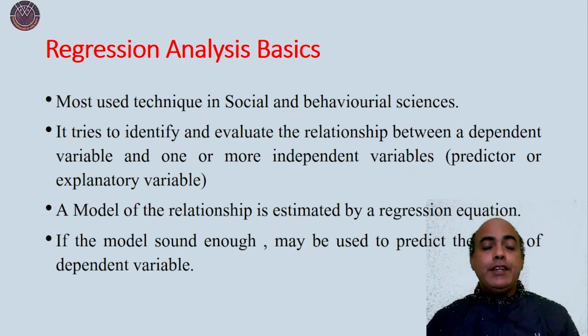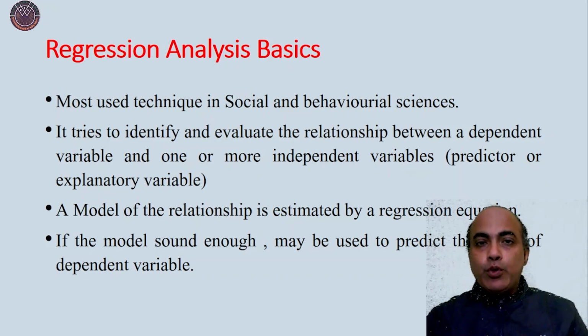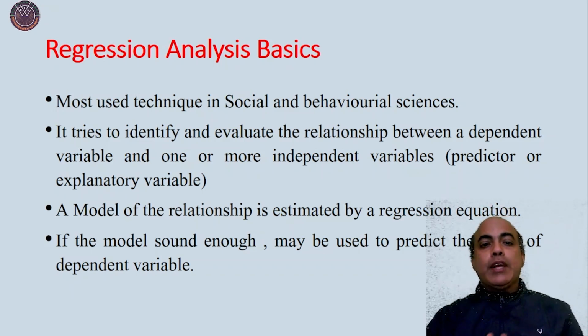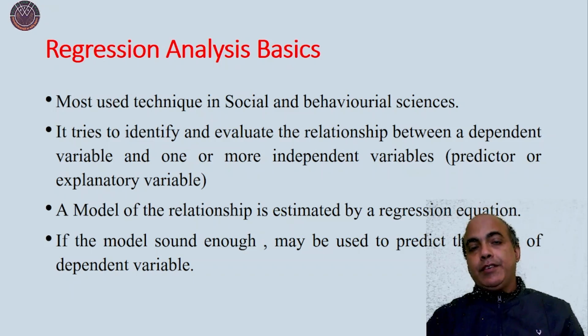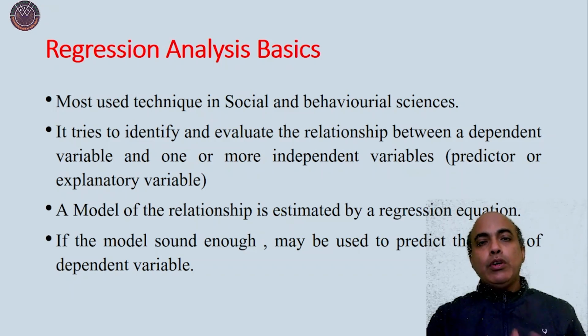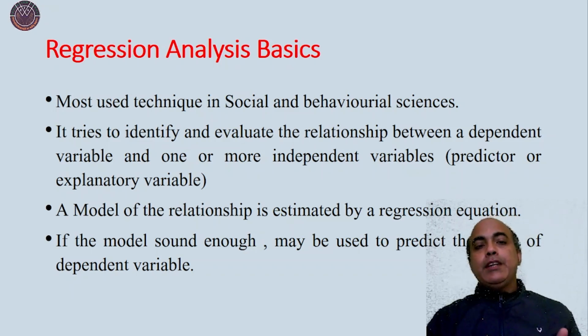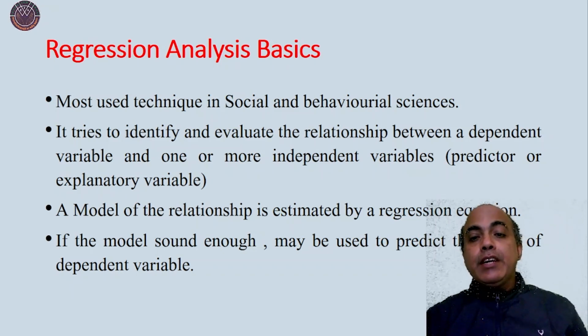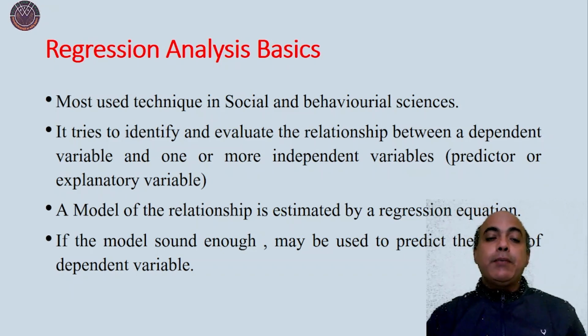Now let us see some basics of regression. As I already told you earlier, it is the most used technique in social and behavioral research. Nowadays, in any type of research involving multiple variables, we perform regression to see the type of relationship, to predict the nature of relationship. Again, it tries to identify and evaluate the relationship between a dependent variable and one or more independent variables.